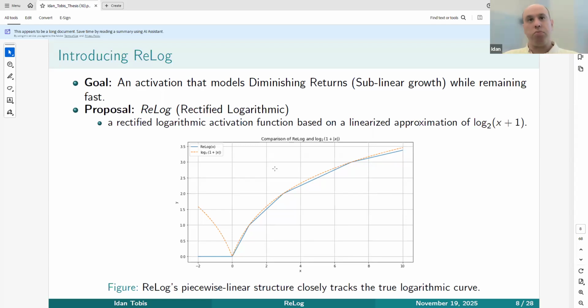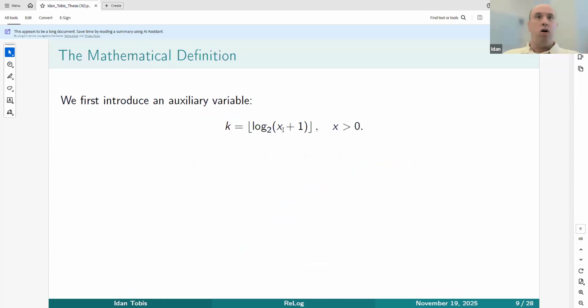Now, of course, this adds non-linearity at some points, but as we've seen, this is usually not a problem. So let's mathematically define it.